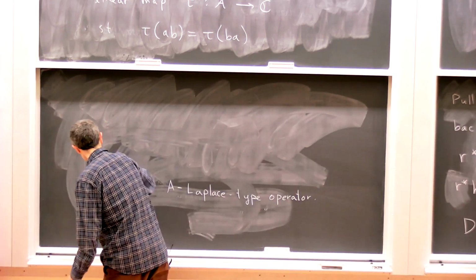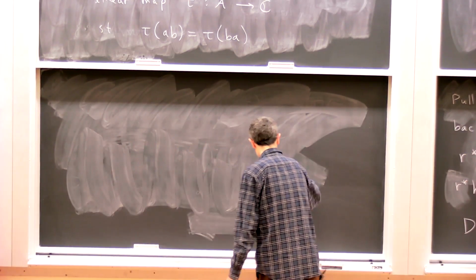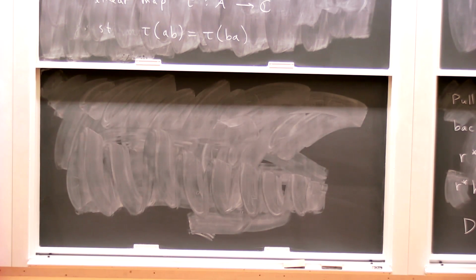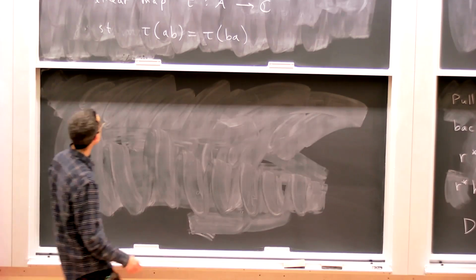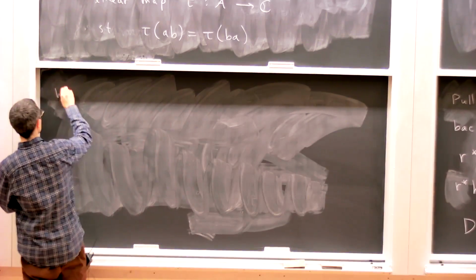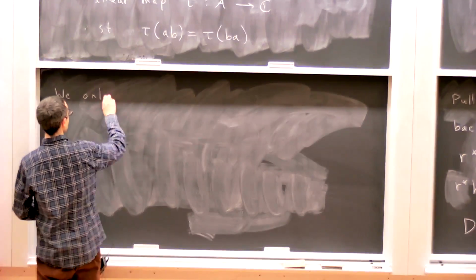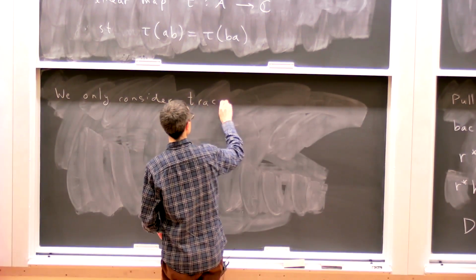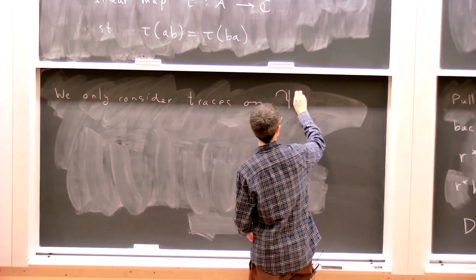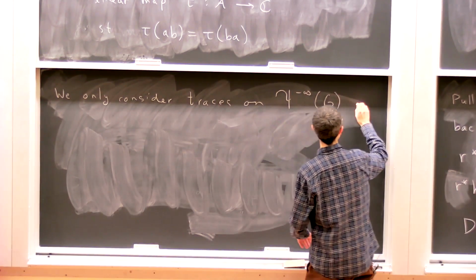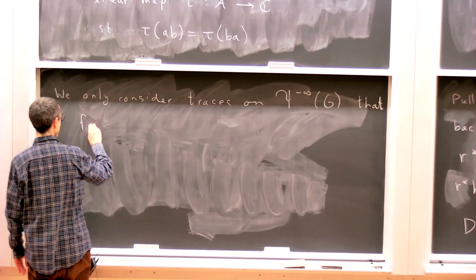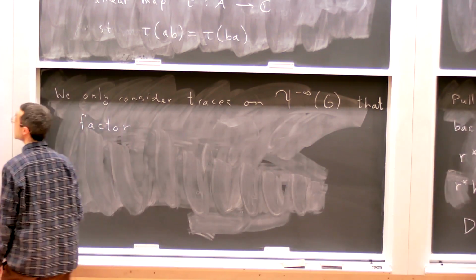And I'm going to consider traces on this algebra over here, and we're only going to consider traces of a certain form. So we only consider traces on psi minus infinity G that factor as follows.